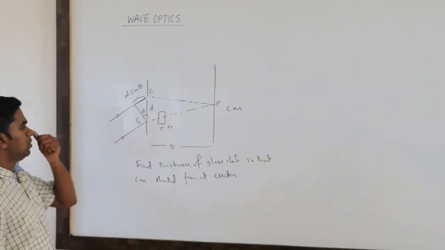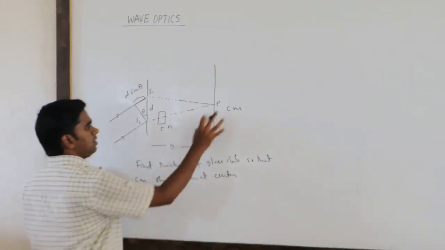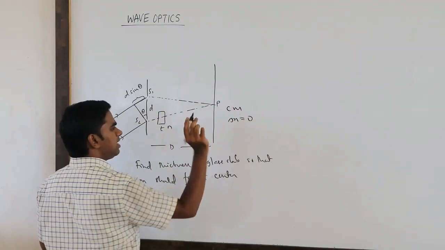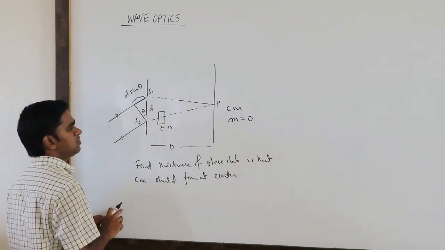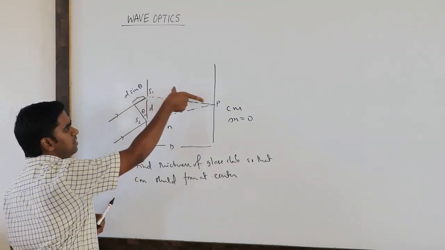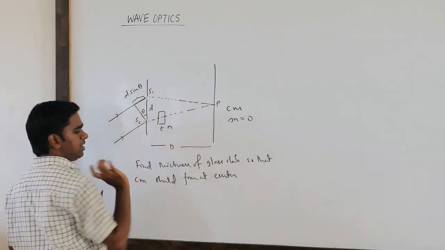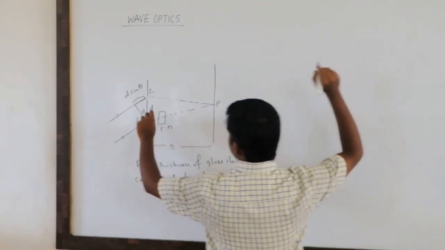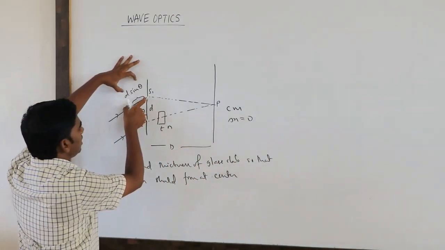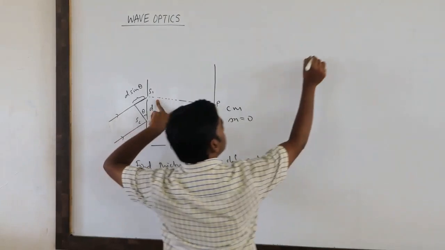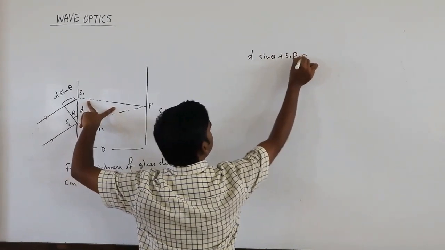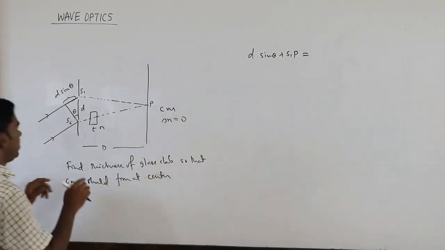Okay. So now, if you want to get central maxima at the center only, delta x is going to be what? Delta x should be 0. Delta x should be 0 means the path traveled by this should be equal to the path traveled by this one. So how can we write this? What is the distance traveled by this one? d sine theta plus S1p. So d sine theta plus S1p is equal to the distance traveled by this.